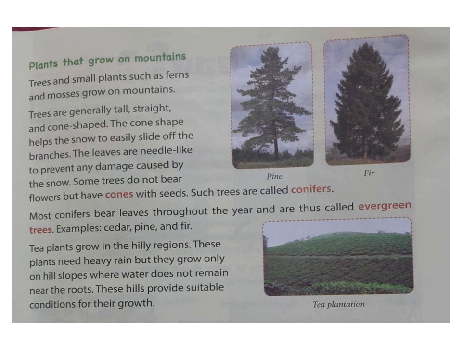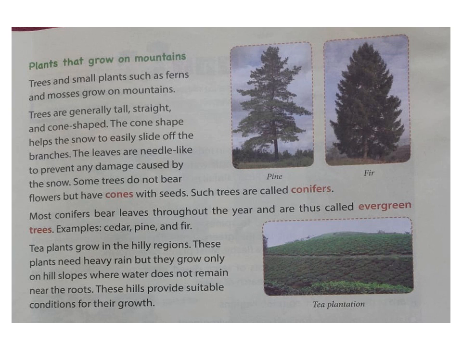Some trees do not bear flowers. Means in these plants, in place of the flower, they have the cone with the seeds. That's why these trees are called conifers. Means the plants which grow on the mountain are called conifers.